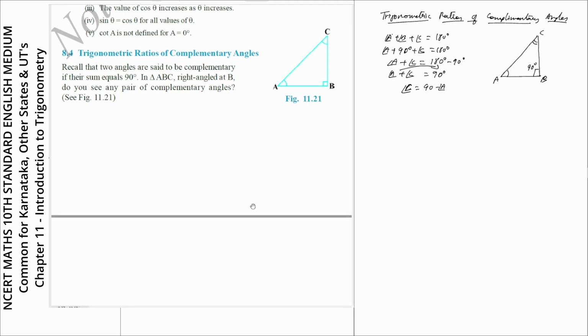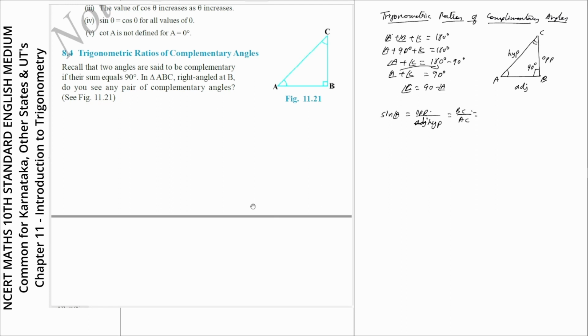Now coming to the figure in triangle ABC, with respect to angle A, what is sin A? Sin of angle A is given by opposite by hypotenuse. This is opposite, this is adjacent with respect to angle A, and this is hypotenuse. So that is BC by AC.